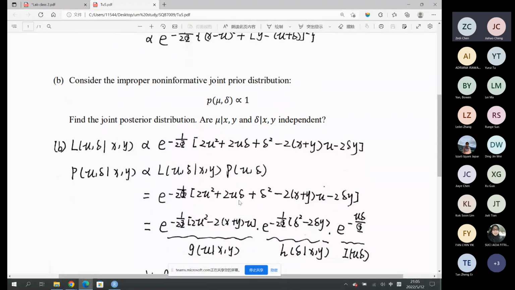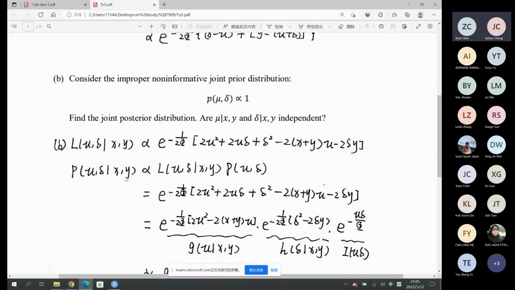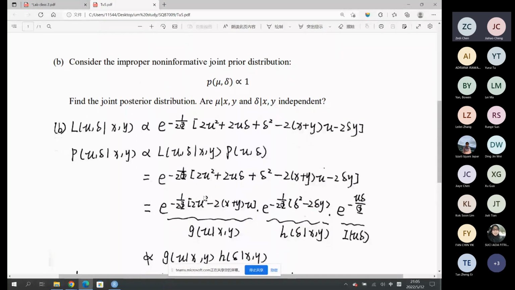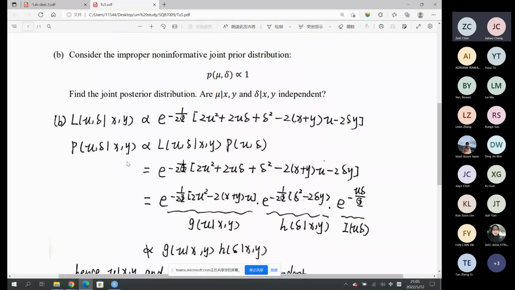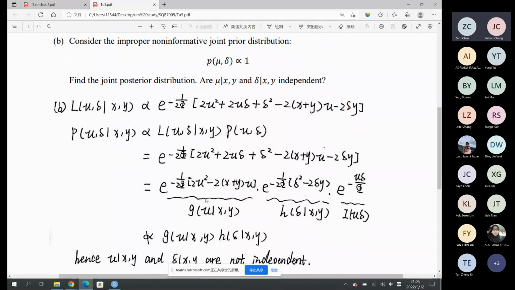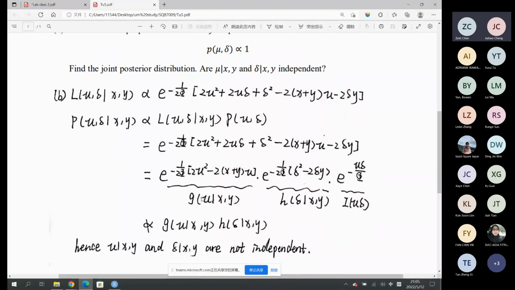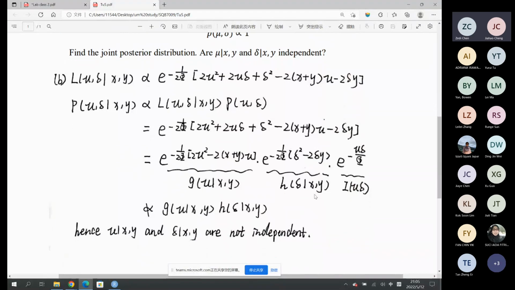So here is the density function of the joint posterior distribution. Because of the mu delta term, the joint posterior distribution cannot be written as proportional to mu given xy times delta given xy. So they are not independent. Yeah, that's all.